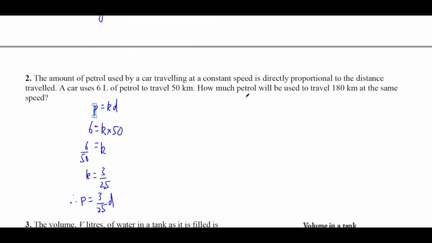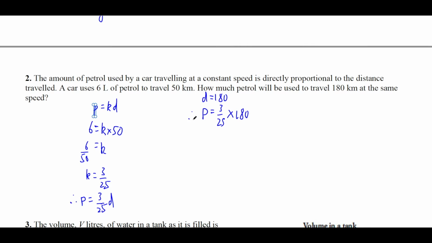And then the question says, how much petrol will be used to travel 180 km? So, in other words, sub 180 into here, and that will get you the answer. So then, P is equal to 3 on 25 multiplied by 180. You can write D is equal to 180.